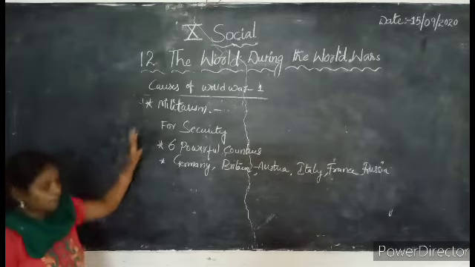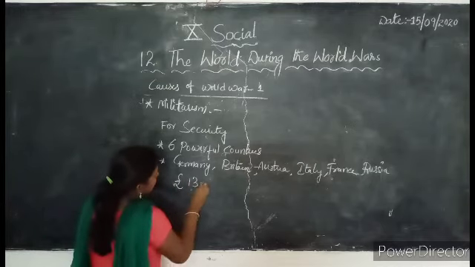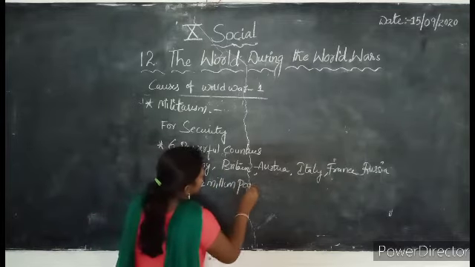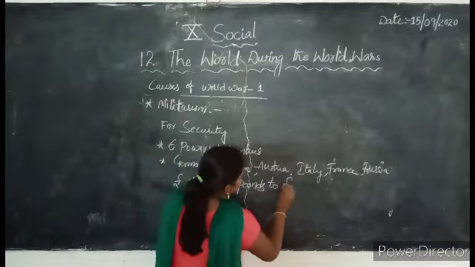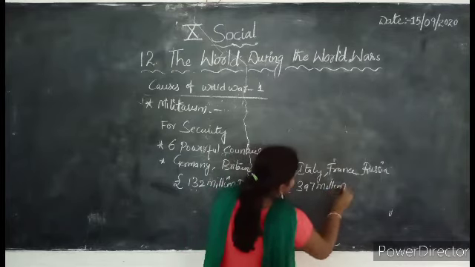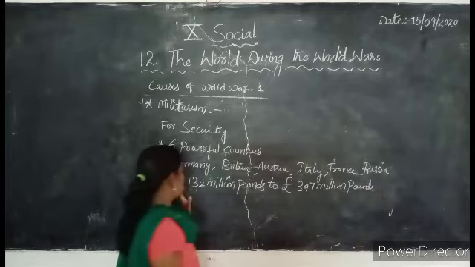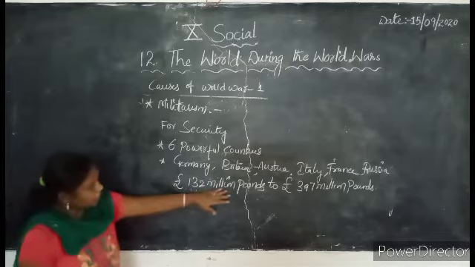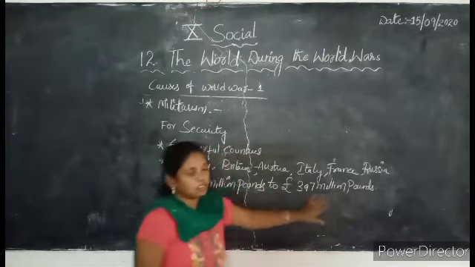Nearly they have spent, this is the pound symbol, 132 million pounds to 397 million pounds. So how many pounds did they spend? 132 million pounds to 397 million pounds.